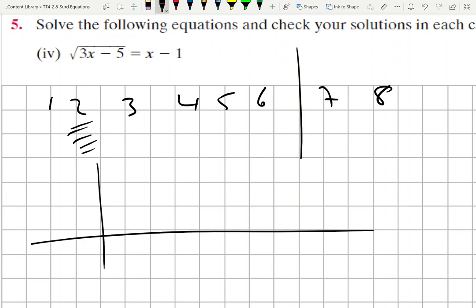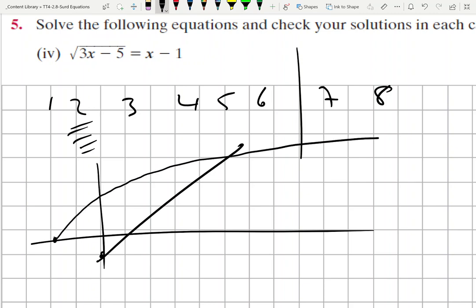Because x with an intercept of minus 1 looks like this. And 3x take 5 starts back here and goes like this. Now, by the way, it's monotonic increasing, meaning it always increases forever. It goes to infinity, so its range is from 0 to infinity.